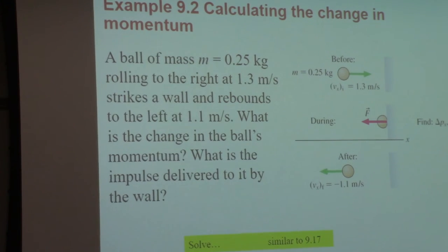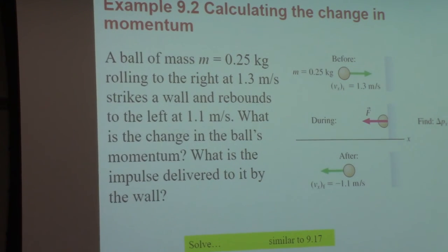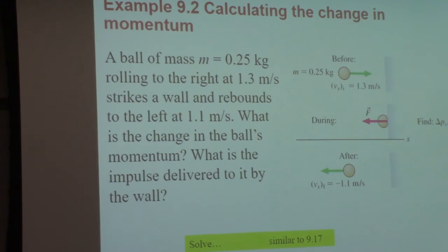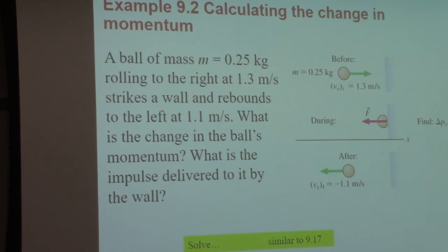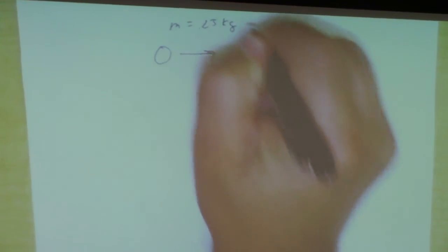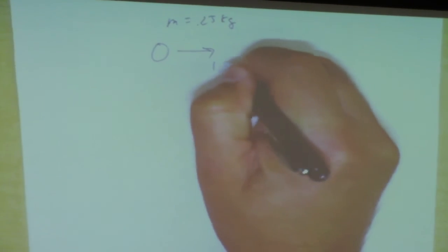Okay, so what we want to do is figure out the change in momentum. One key thing is we're moving this way. The mass is 0.25 kilograms, moving at 1.3 meters per second.